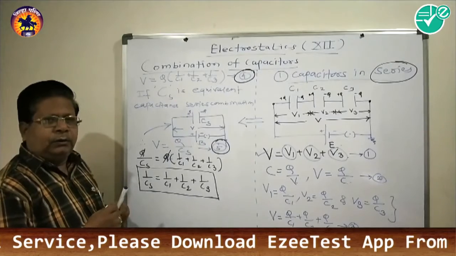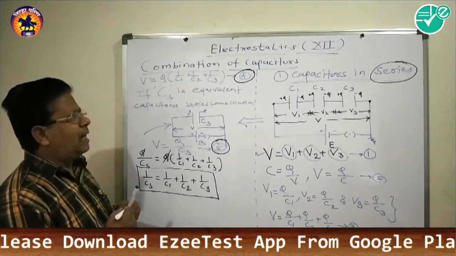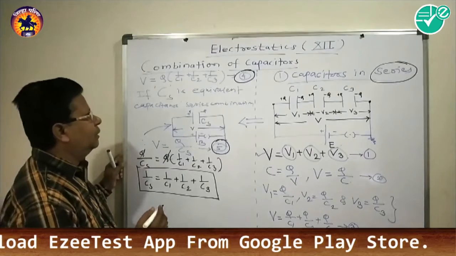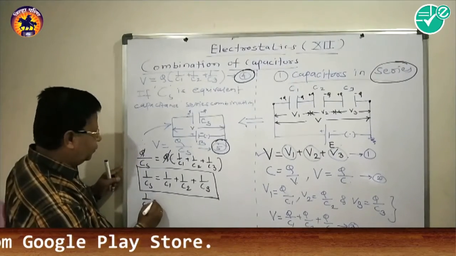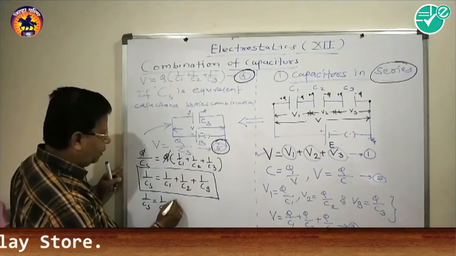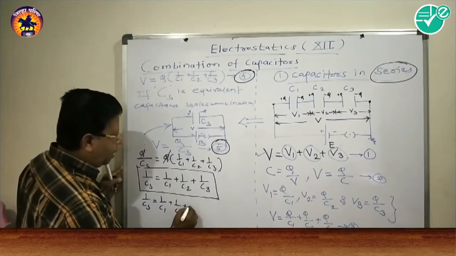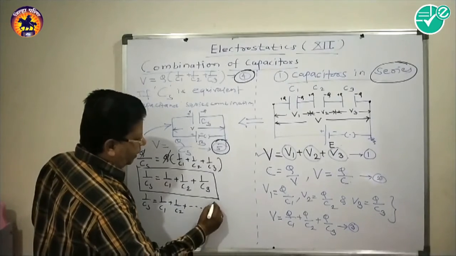If n capacitors are connected in series, then 1 upon Cs is equal to 1 upon C1 plus 1 upon C2 plus and so on plus 1 upon Cn.